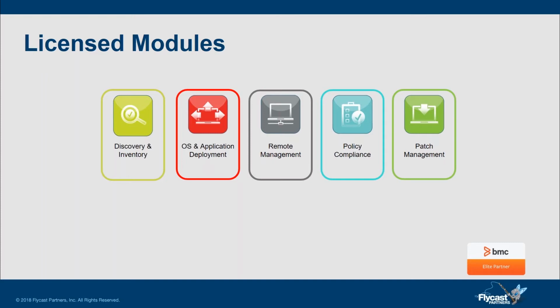It can also be purchased a la carte, where you may just be looking to collect inventory and do discovery and remote control for your work from home users. You might not be looking to deploy operating systems or manage policy and compliance, so you could selectively pick which options you want if you don't need certain modules.